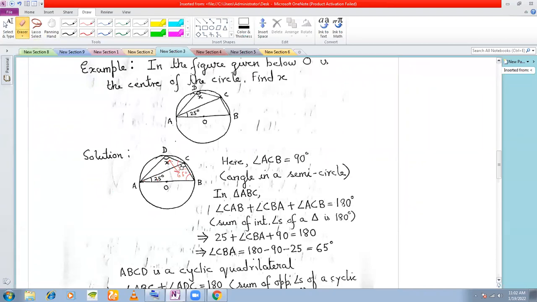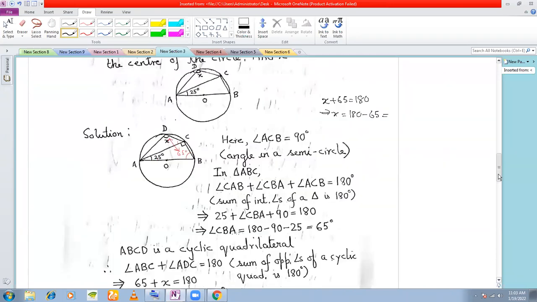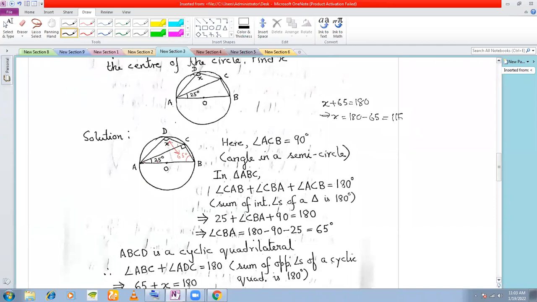Because we need to find X, we are only concerned about these two angles. So the sum of these two angles is 180 degrees. That means I must have X plus 65 equal to 180 degrees. That means X must be equal to 180 minus 65, which should be equal to 115. Clear?